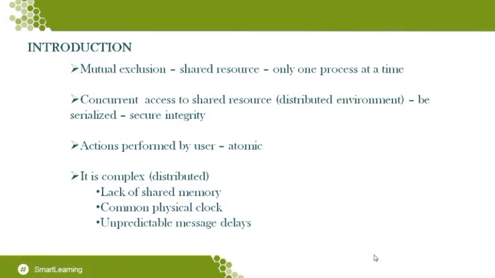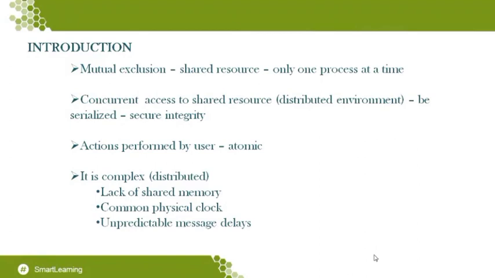Also, in a distributed environment you may have unpredictable message delays, because the systems may be globally apart. These are all the things that make it complex to achieve mutual exclusion in a distributed environment. We also need the actions performed by the user to be atomic.